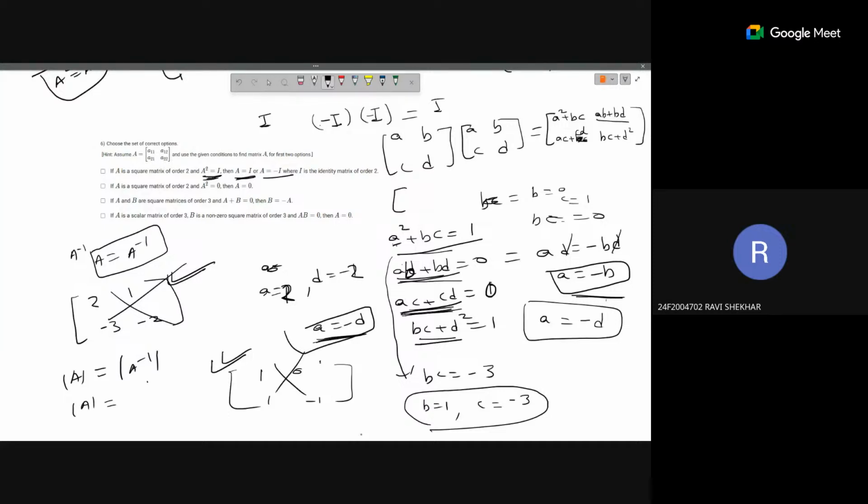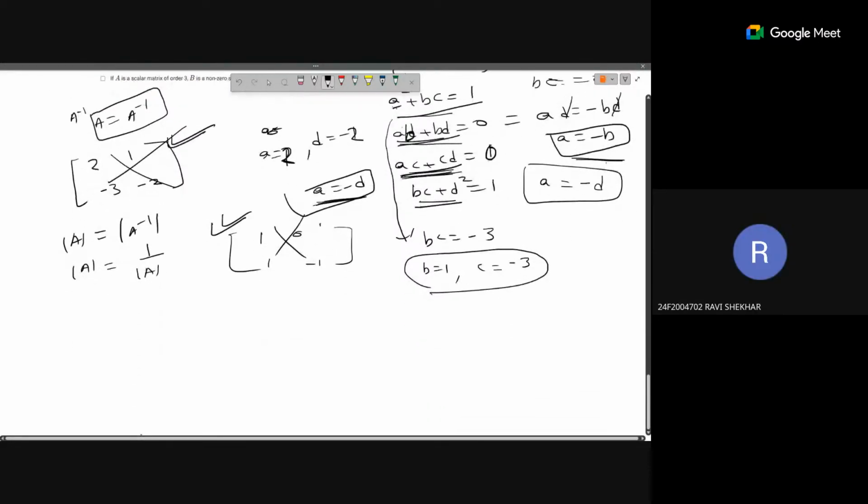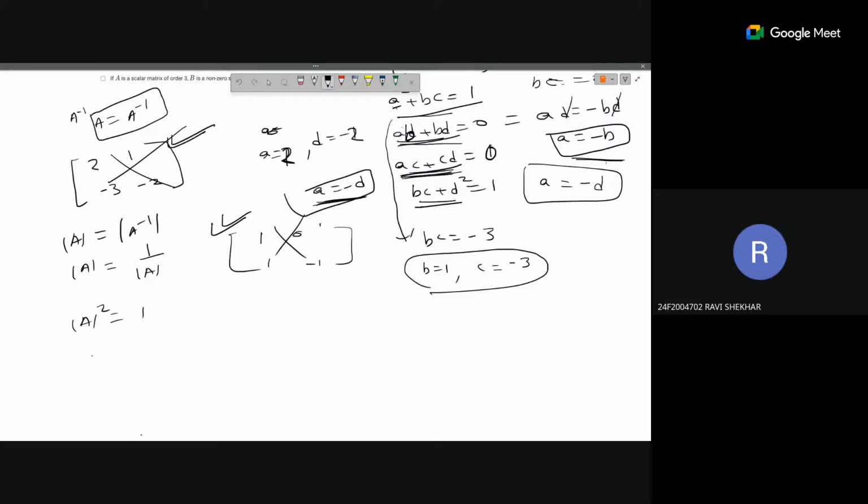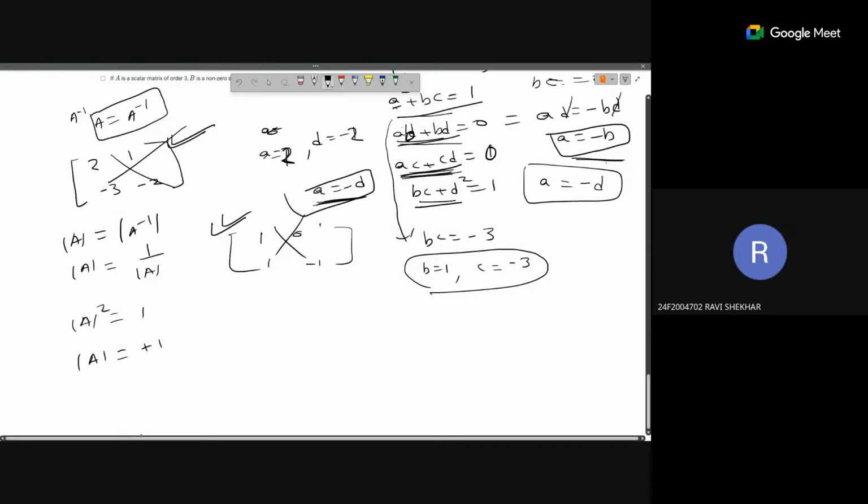And we already know that determinant of A inverse is 1 by determinant of A. Now we solve this equation by assuming determinant of A is equal to x. Then we are going to get an equation x square minus 1 equal to 0. So by this way, we are always getting x as plus or minus 1.